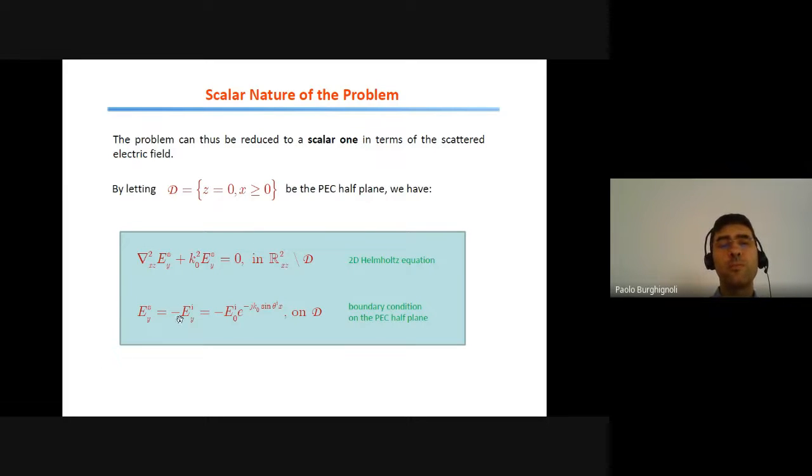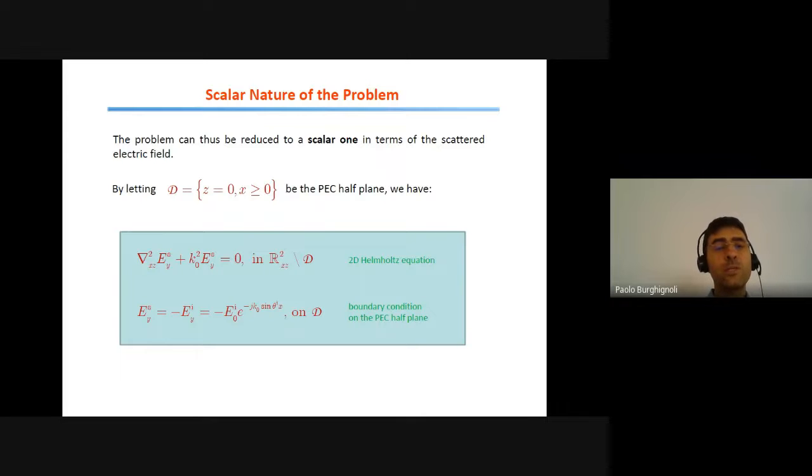So in this case, since we have a plane wave, the y component of the scattered field must be equal to minus E0i, the amplitude of the incident wave, times the exponential that describes the propagation of the incident plane wave on the plane z equals 0. So there you find only the dependence on x of this plane wave, that is e to the minus j k0 sine of the incident angle times the x coordinate. So this is the formulation.